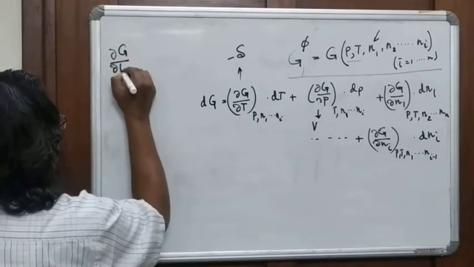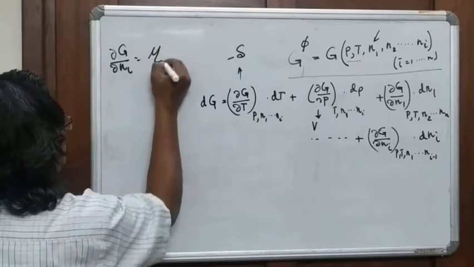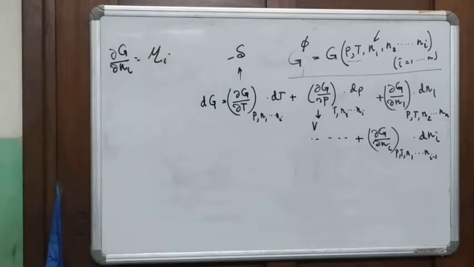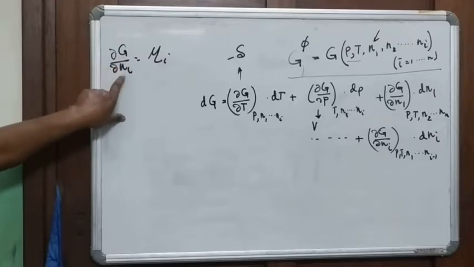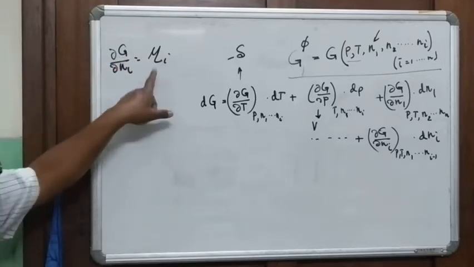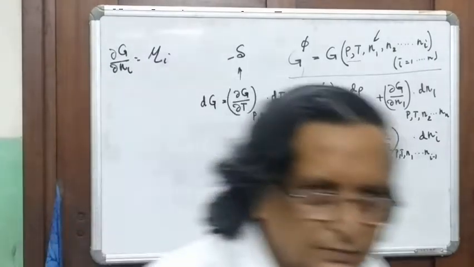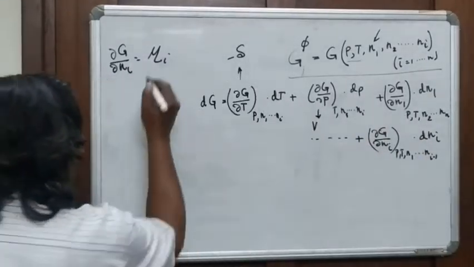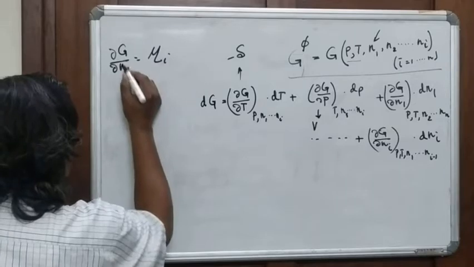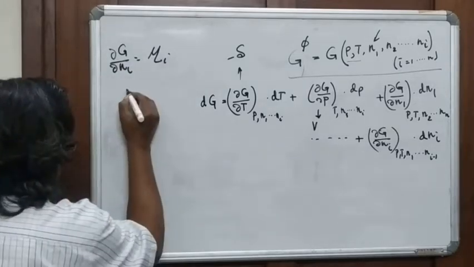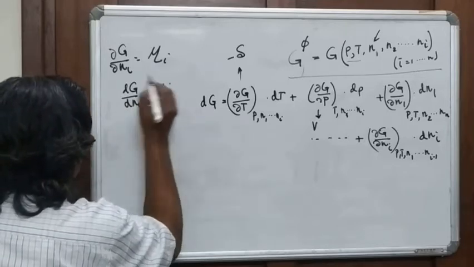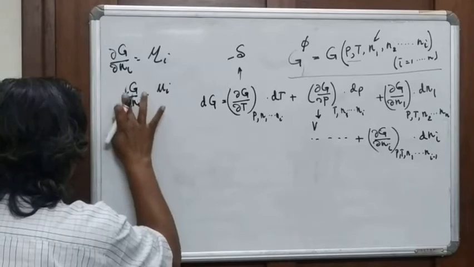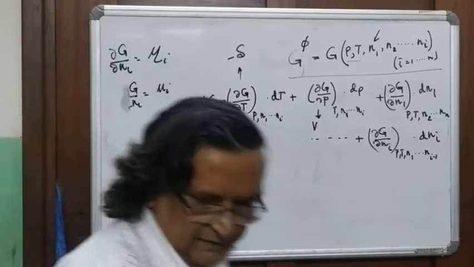Del G by del Ni is called mu i, where G is free energy, and divided by N, this is molar free energy, and that is what is called chemical potential. So, chemical potential is equal to G by N is equal to mu, or dG by dNi is equal to mu i. Remember this.